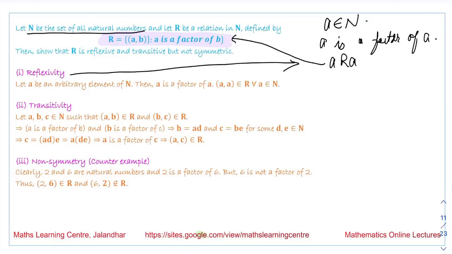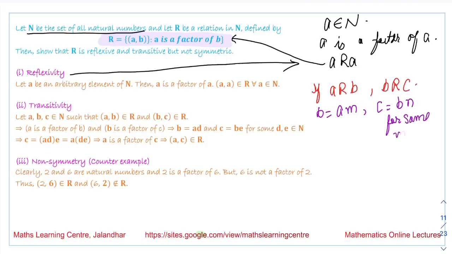Next, if A is a factor of B and B is a factor of C, it means B is equal to Am and C is equal to Bn, for some m, n belongs to N. Now we have to check whether A is related to C or not.